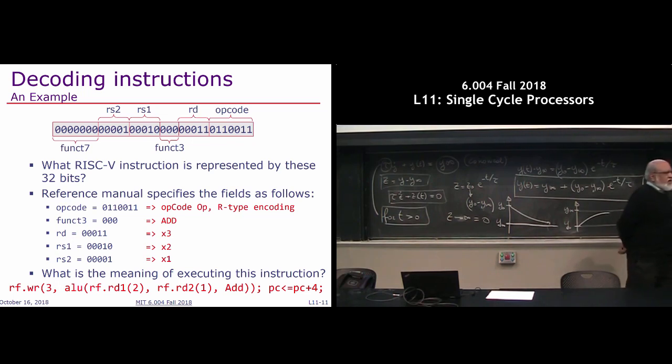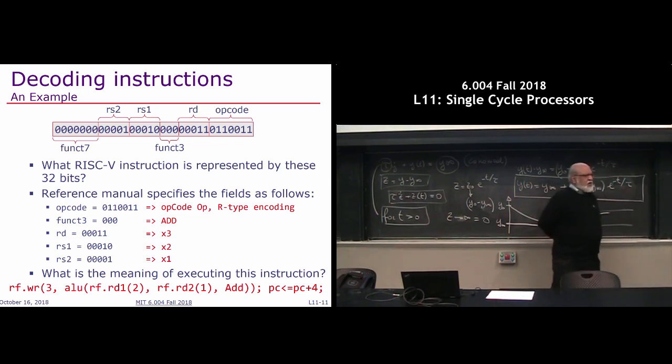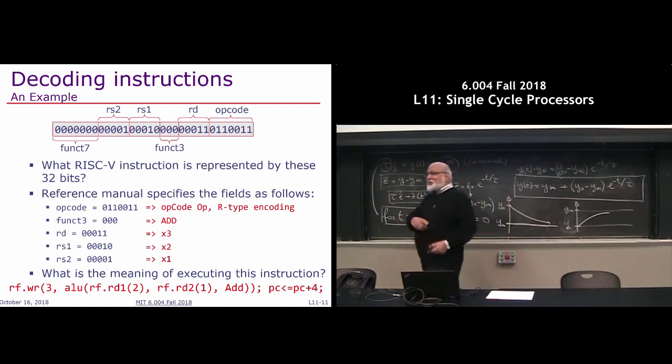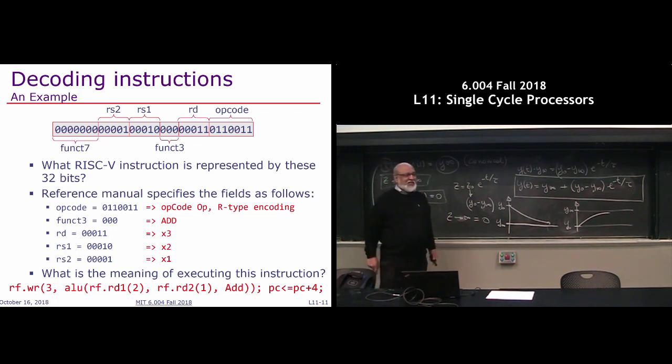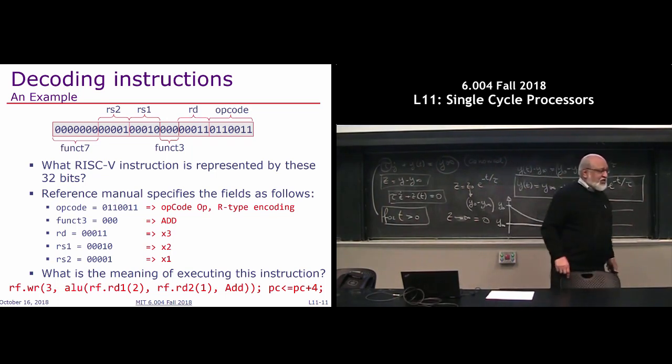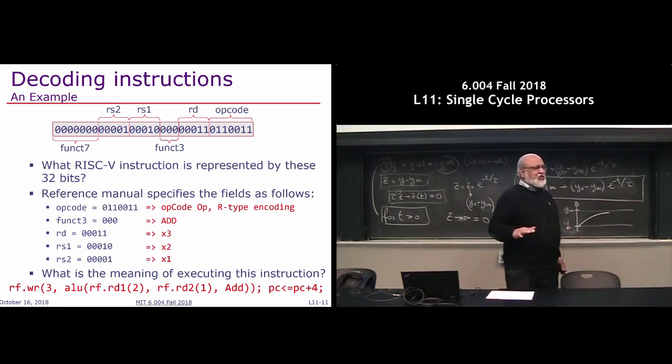Why is it necessary to have read1 and read2 as separate functions to do the same thing? Because you want to do two of them simultaneously. Would we not be able to do rf.read2 and rf.read? That's a very good question. In software, you might have been able to do that, since it's a function you can just call. In hardware, if the port is already in use, you can't use it.